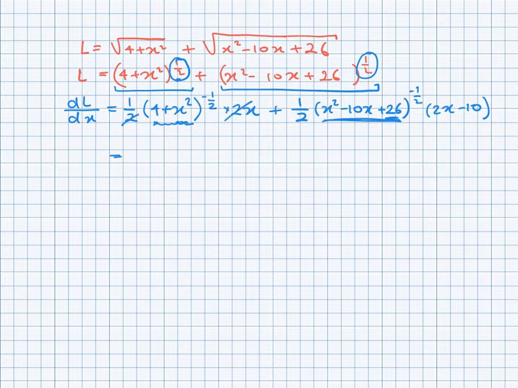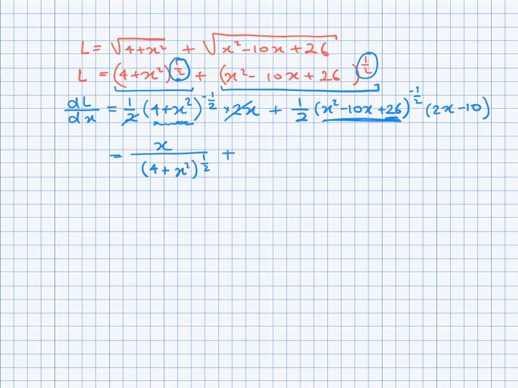2 and 2 can be cancelled out, so that is good. What we can do here, this part here, 2x take away 10. Okay, next line, let's rewrite this. So what's left here in the numerator is x, and I'm going to move the part here that has negative power, negative half, into the denominator, so the power is going to become positive. So this is going to be 4 plus x to the power of 2, to the power of half.